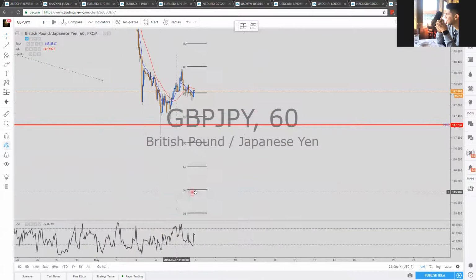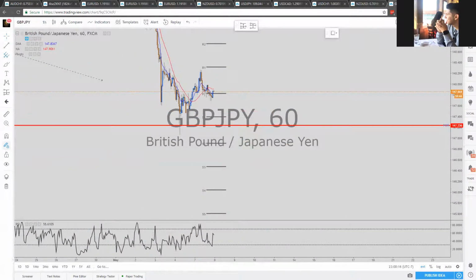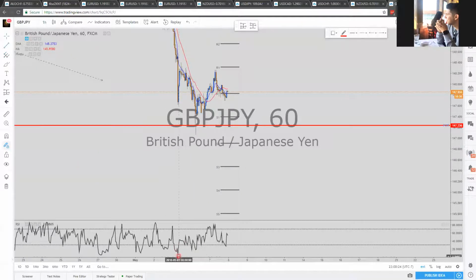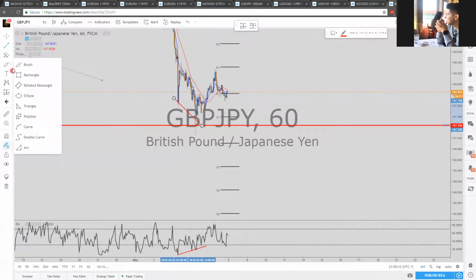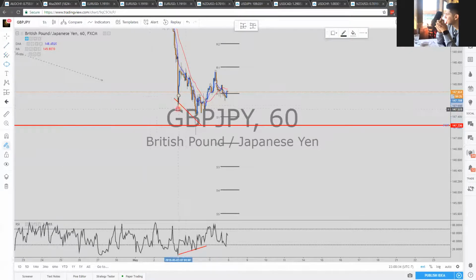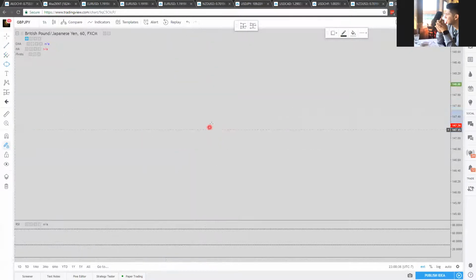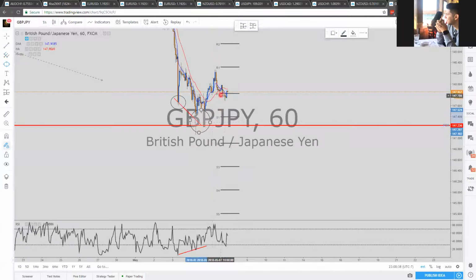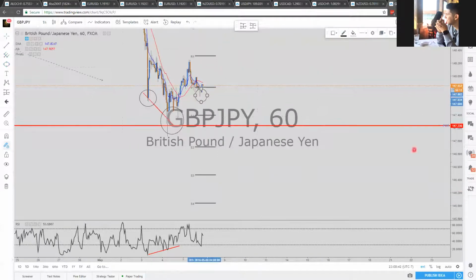We can also see that strong divergence that happened over here, which is why price did already start rising up. Price went up, came back down. So we do see this inverted head and shoulder happening. Left head, and then this right shoulder area. It's above pivot point right now.